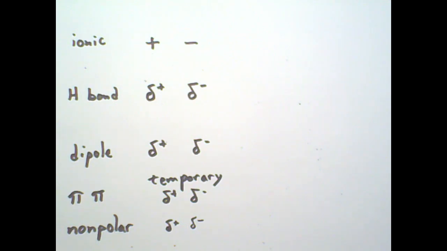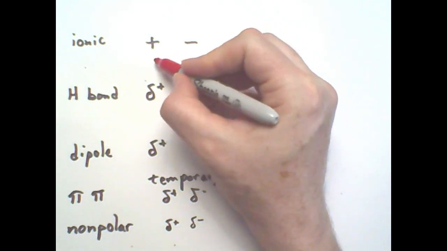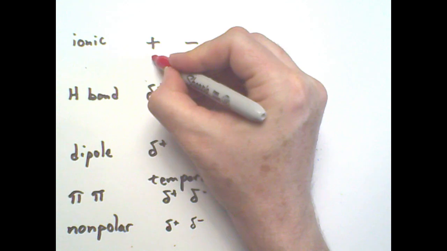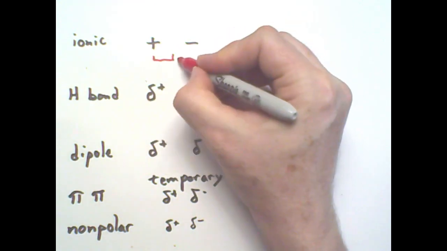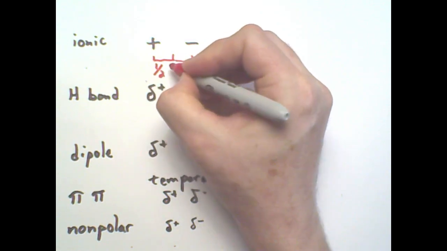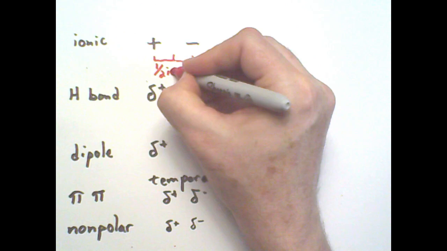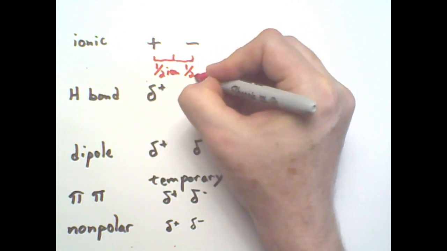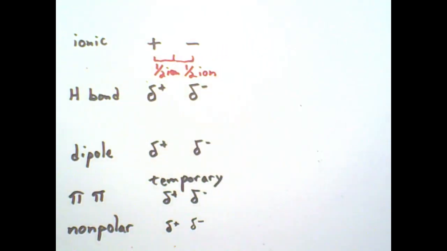Let's look at the distance. The distance between these two is half an ion on each of those.